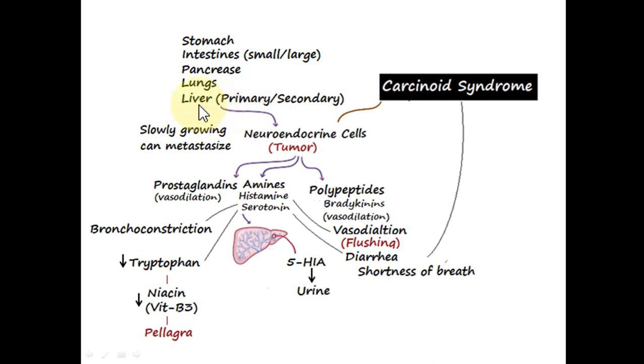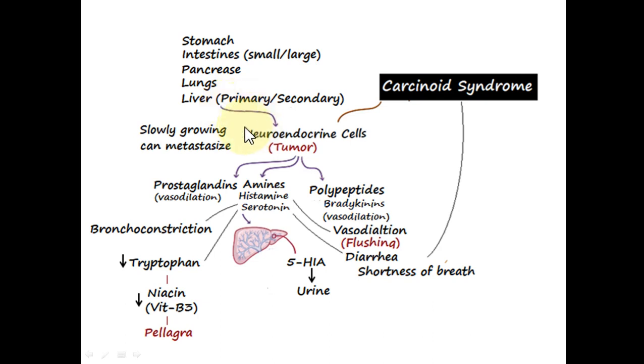But if the tumor occurs in the liver, which may be primary, or if it has metastasized into the liver, then the liver itself becomes unable to detoxify the hormones. And here the carcinoid syndrome will be very prominent with regard to its effects.